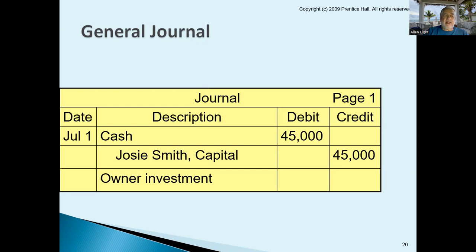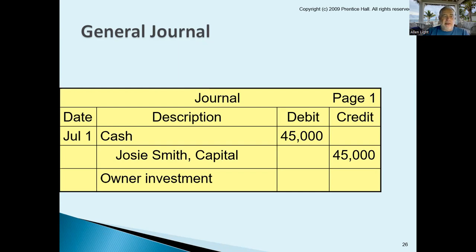Josie Smith deposited $45,000 of cash into her capital account. That was just money that she donated, she gave to the business to keep the business going. It's not revenue because it wasn't generated by our day-to-day activities. She just put this money in, so it goes straight to capital.